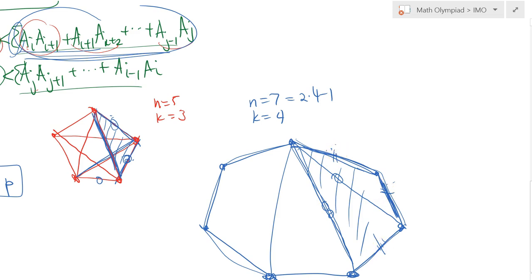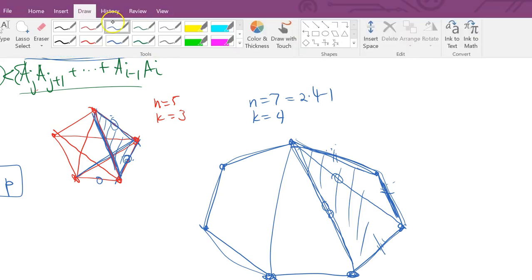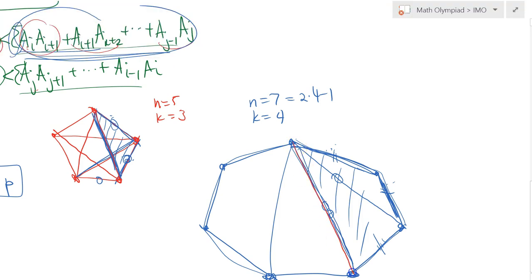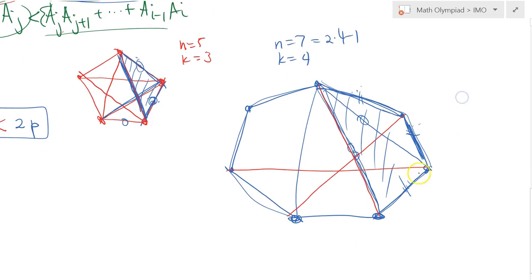Because it will keep shifting and shifting. For instance, just to give you an example, this guy later on will become this guy, and then finally it will become something like this. If you focus on this edge, you realize that this edge has been added once under here, twice, and then 3 times. So 3 times. Does that make sense? So 2 plus 3, each edge is counted 5 times.